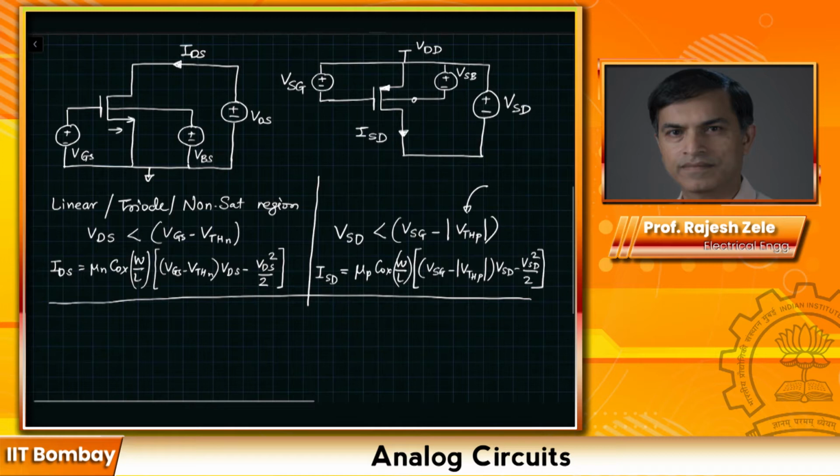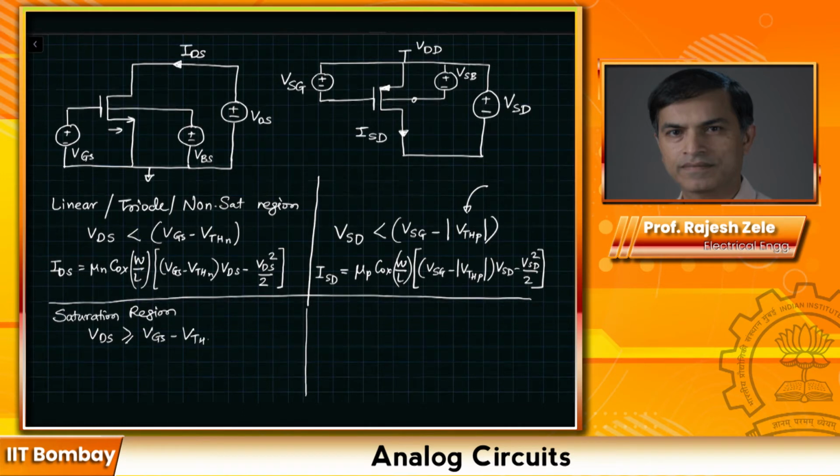Now let's write the equation for saturation region. So when is the transistor in saturation region? Saturation region is when VDS is greater than or equal to VGS minus VTHN for the NMOS. Similarly, on this side, VSD is greater than or equal to VSG minus mod of VTHP for the PMOS.